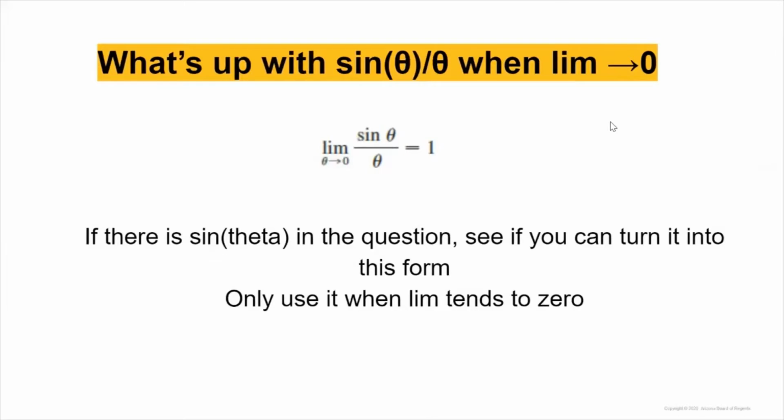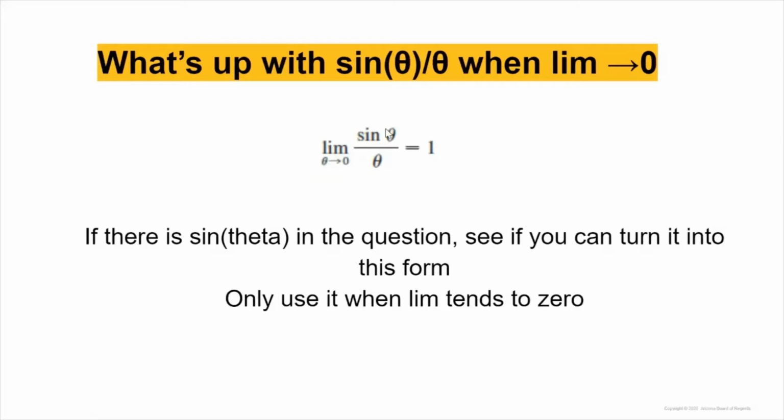Now, one important concept that comes up again and again is that when the limit tends to 0, sine theta divided by theta is actually equal to 1. So if there is a sine theta in the question, maybe just consider it as a hint.